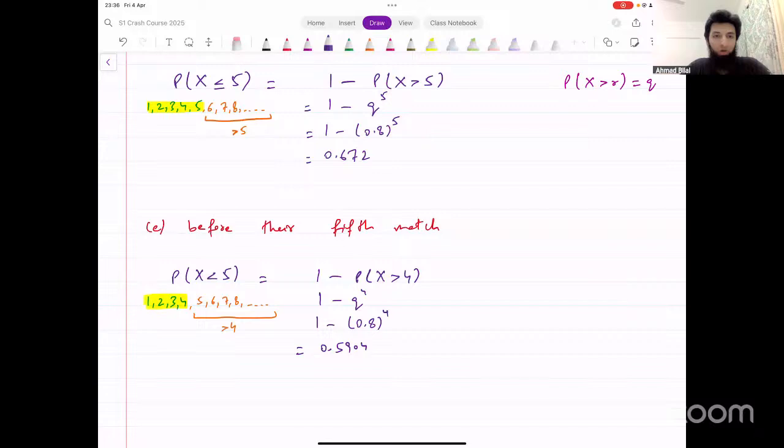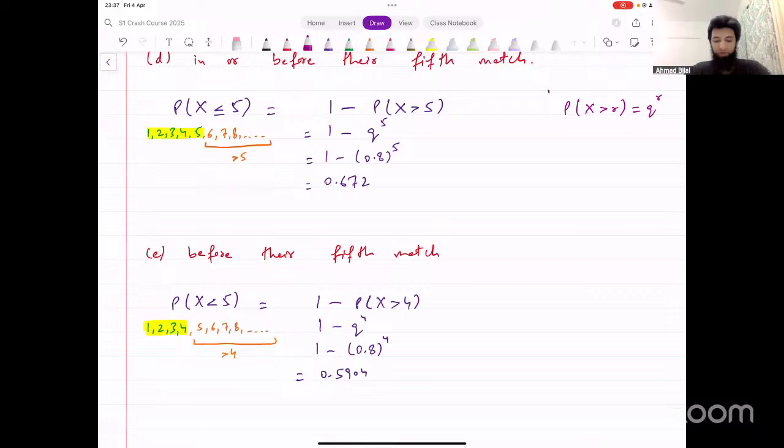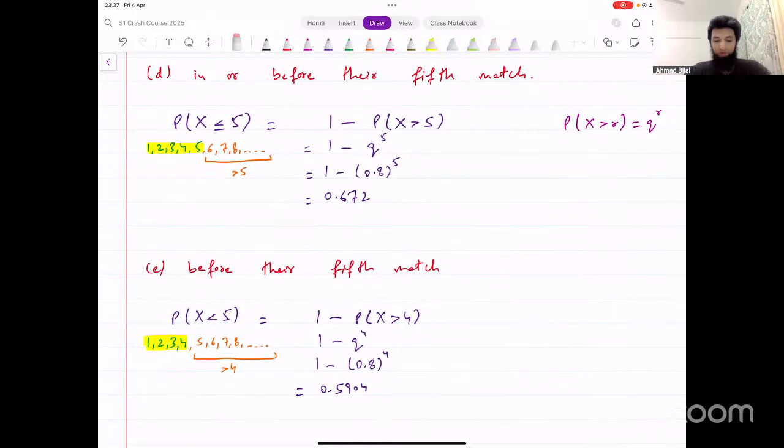We could not use any direct formula there. But for geometric distribution, when we have an inequality, we can directly use this one formula. We can convert everything to this form and then just apply the formula. Any questions, anyone? Any problems with this?